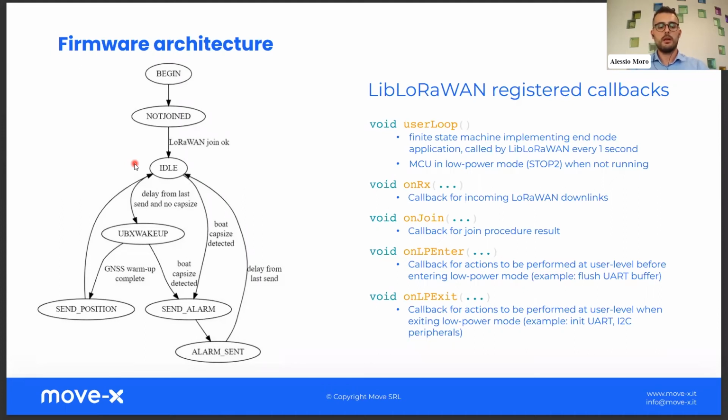Otherwise, if the board is in normal state, it gets the position from the GNSS service and forwards it through LoRaWAN to the application server.